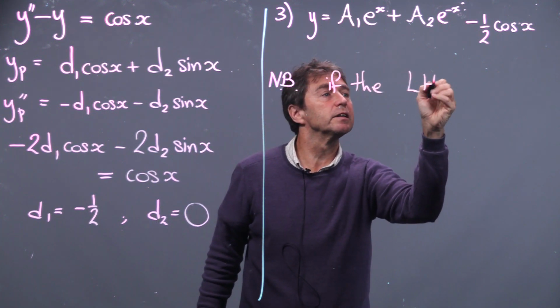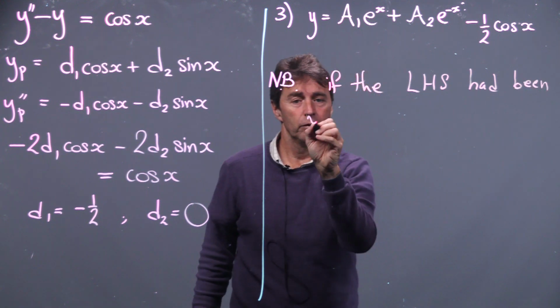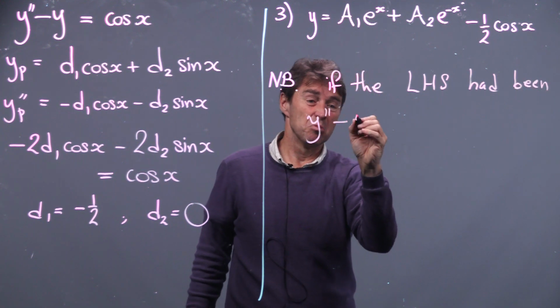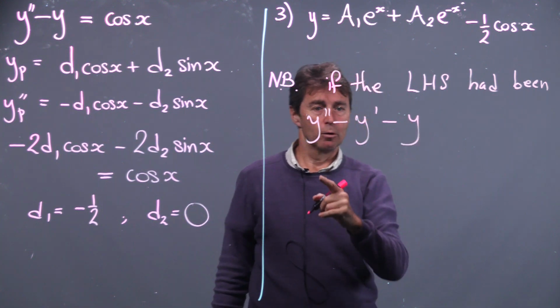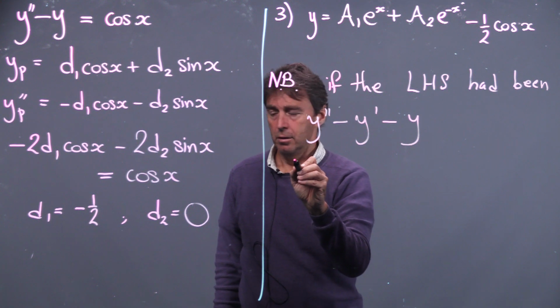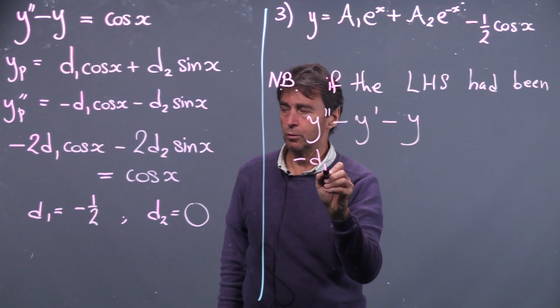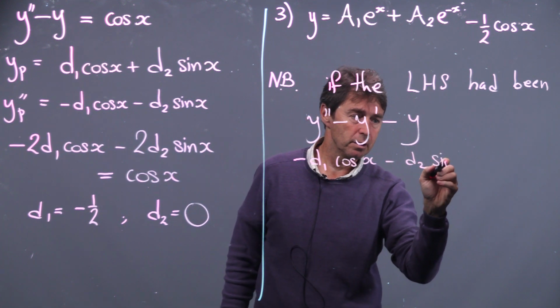So if the left-hand side had been y double prime minus y prime minus y, what would have happened if I'd put this in there? I would have got minus d1 cosine minus d2 sine.